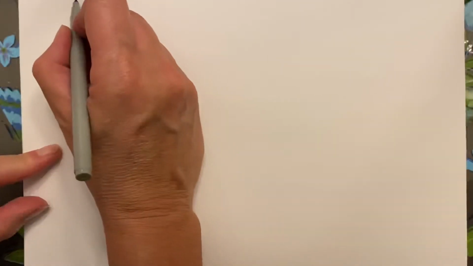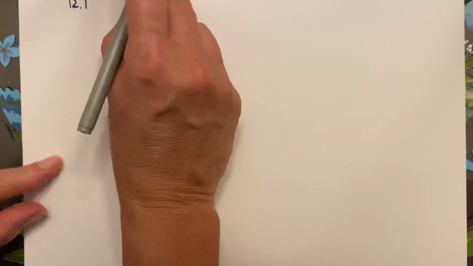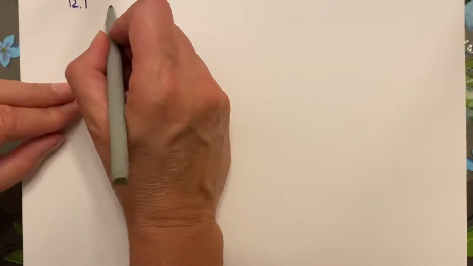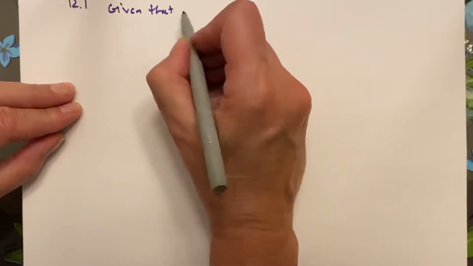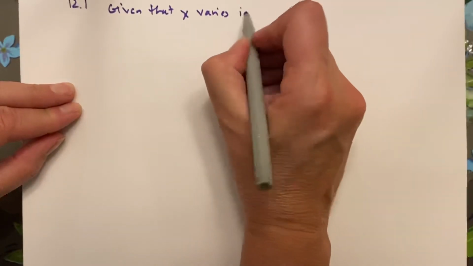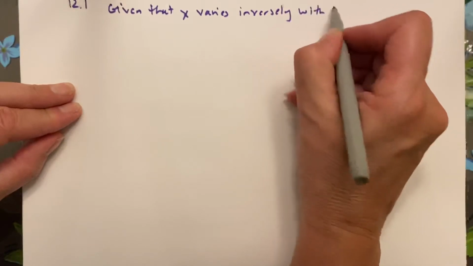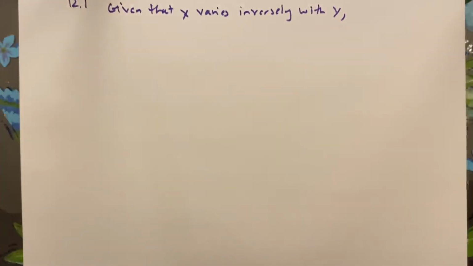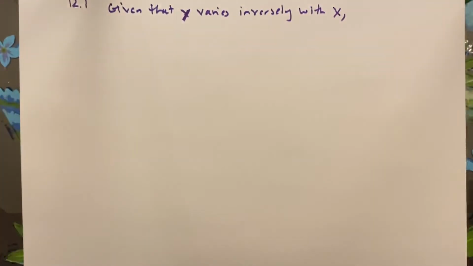The instructions are: given that x varies inversely with y, y varies inversely with x.